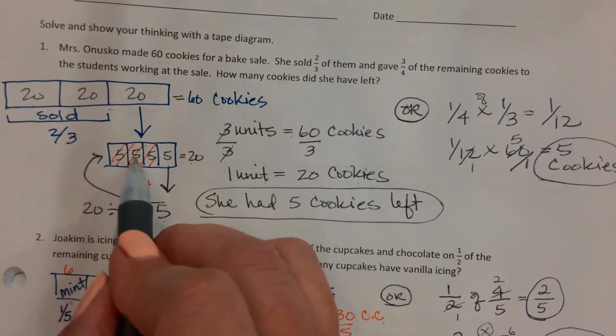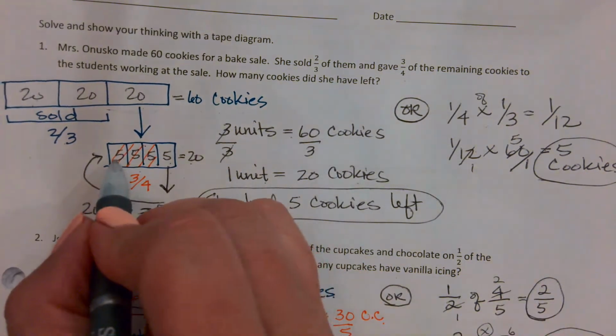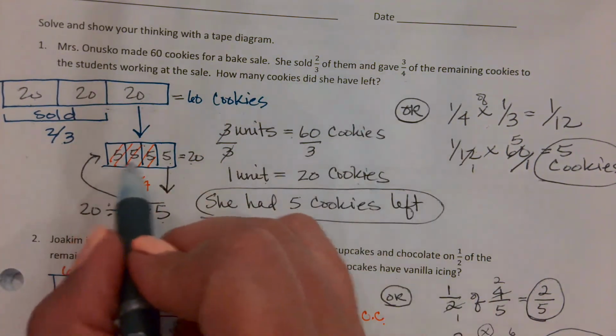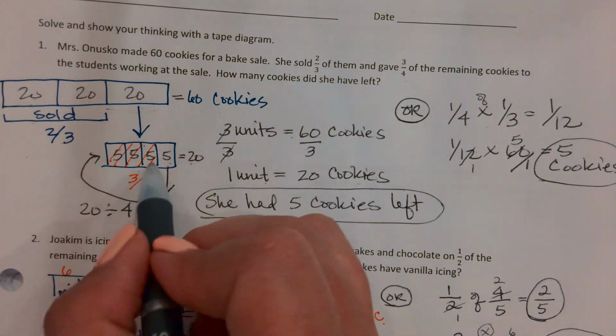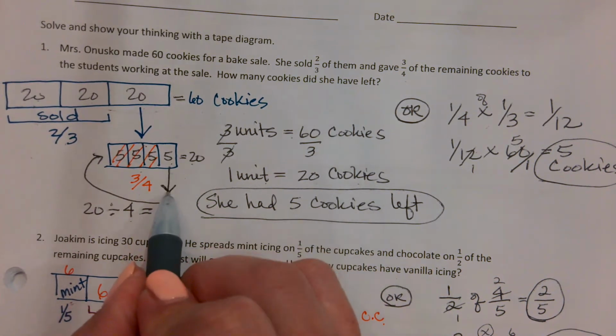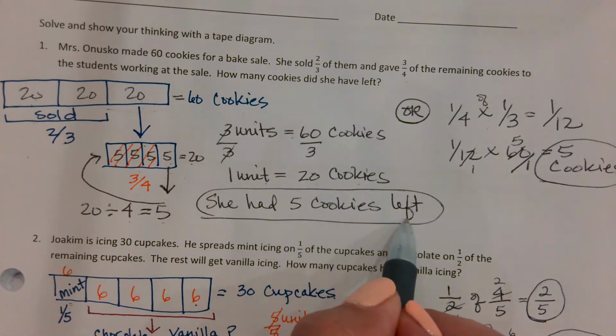So there are 5 in each unit here. So I want to know, she gave 3/4 of the remaining cookies to the students working. So she gave away 15 cookies. What was left over? 5 cookies. She had 5 cookies left.